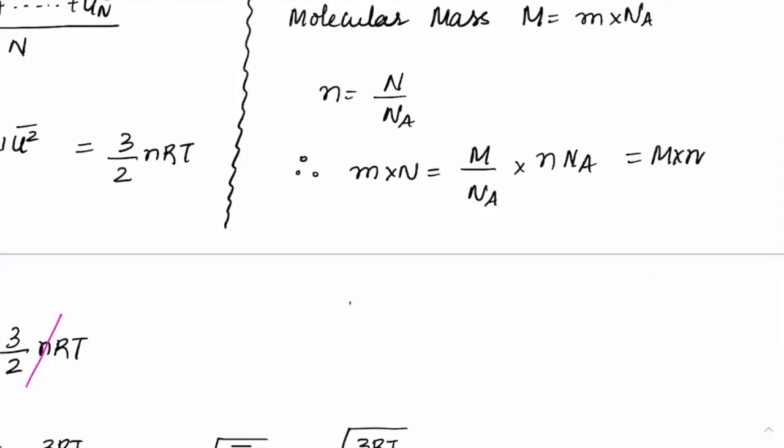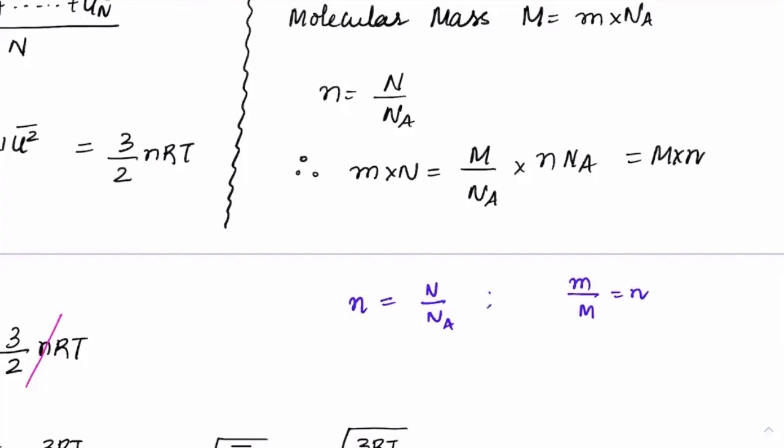Where is it coming from? Think this way. Number of particles, I can write it as n by Na. Mass into n, this will give us the total mass, and dividing by molar mass would give us the number of moles.